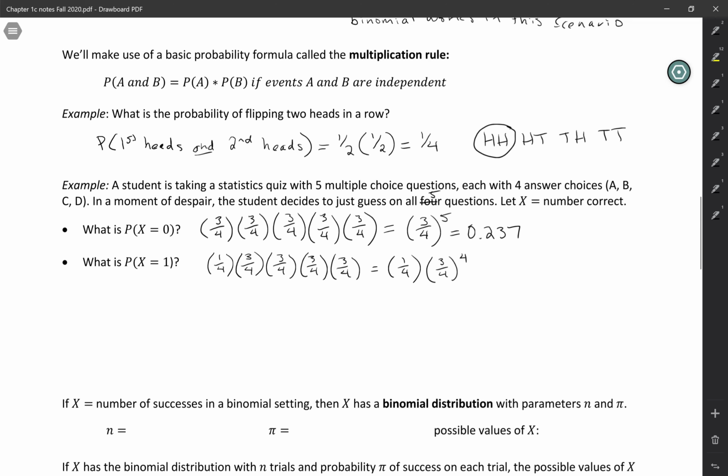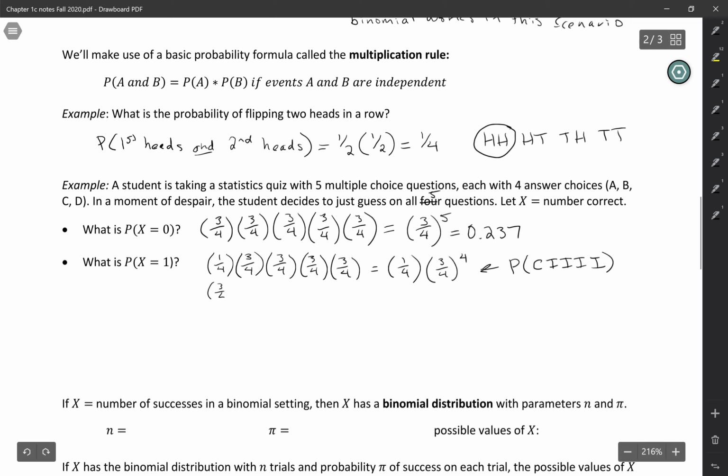But it's not quite this simple because this is assuming that they got the first question right. So this is actually assuming a particular order, right? This would be like the probability of getting correct first, and then incorrect, incorrect, incorrect, incorrect. But that's not the only way it could happen, right? What if they got the second one correct?